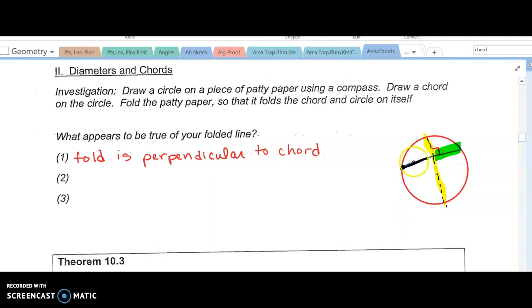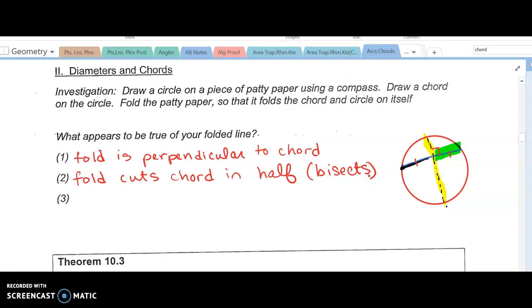It appears to cut the chord in half, and in fact we know that it would be cutting the chord in half because we would have folded it on itself. So the fold cuts the chord in half. In other words, it bisects the chord.